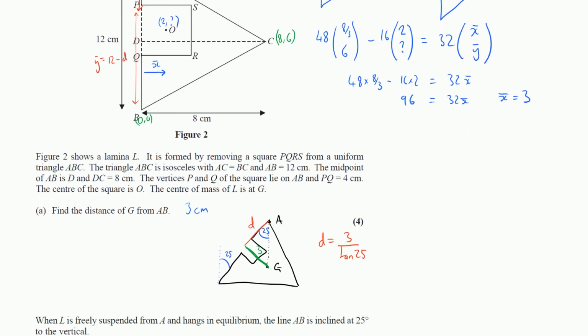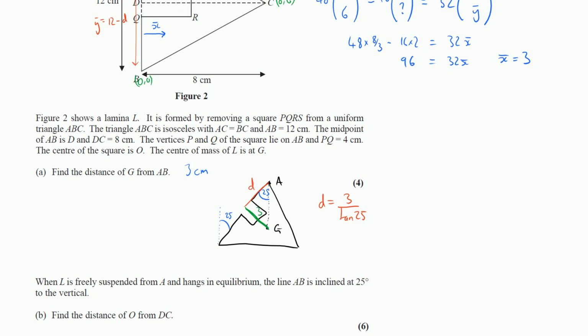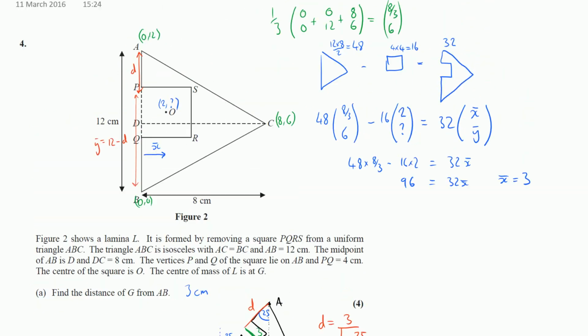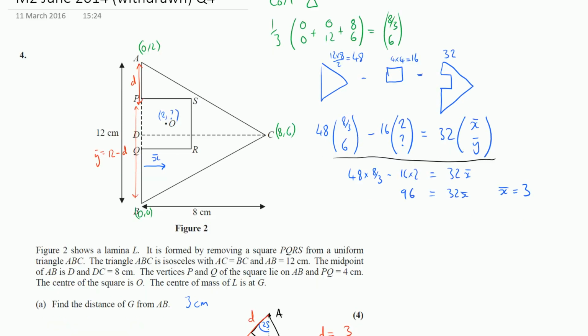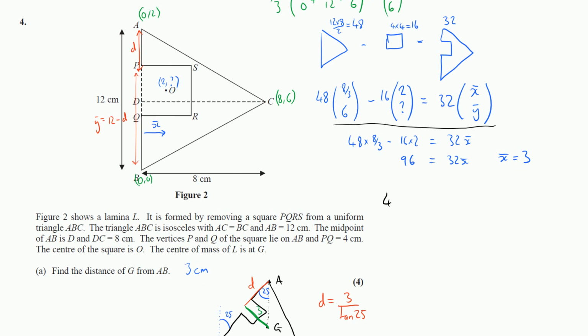Where are we going with this? Well, we want to find the distance of O from DC. Now O is the centre of mass of the square. I'm actually going to go back and use this equation that we had written out earlier. And this time I'm going to use the y coordinates, because I know that 48 multiplied by 6 minus 16 multiplied by whatever the y coordinate of O is going to be equal to 32 multiplied by y bar.